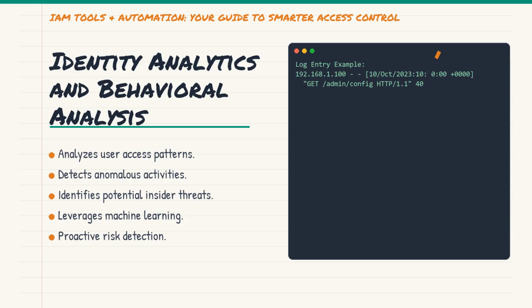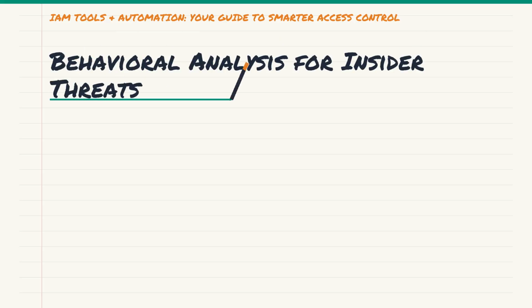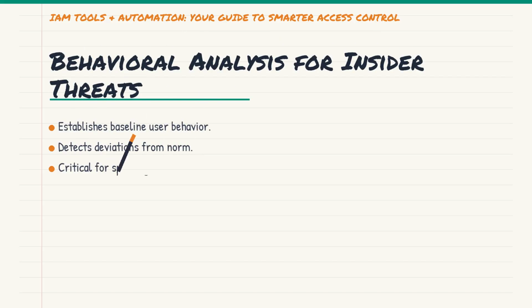By combining this with behavioral analysis, they can build profiles and detect deviations that might indicate a compromised account or an insider threat, often before any actual damage occurs. This is like having a security guard who not only checks IDs but also notices when someone is acting suspiciously. Insider threats are notoriously difficult to catch because, well, they're insiders.